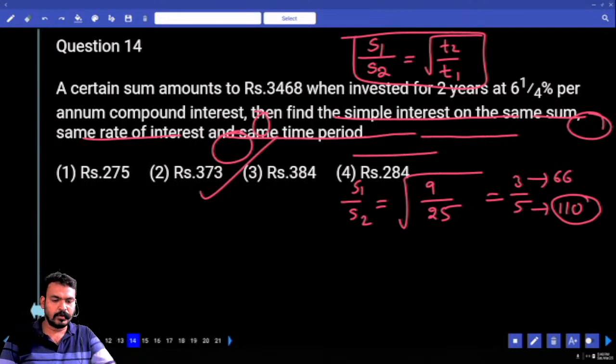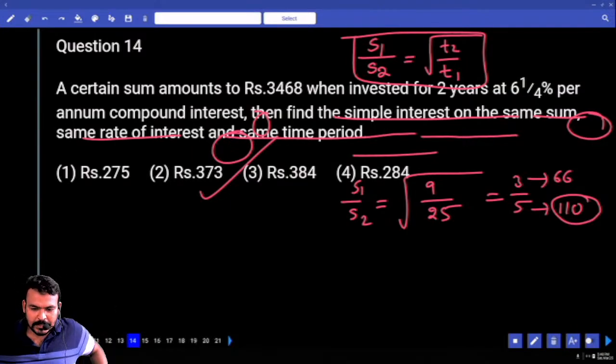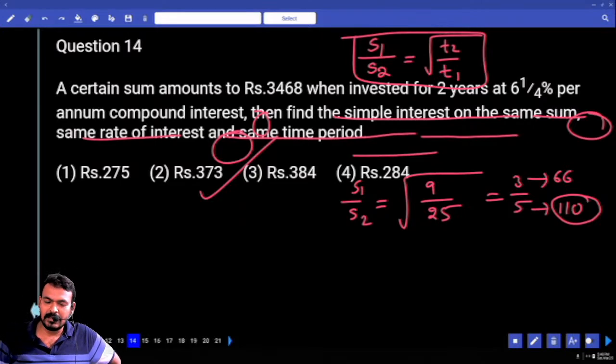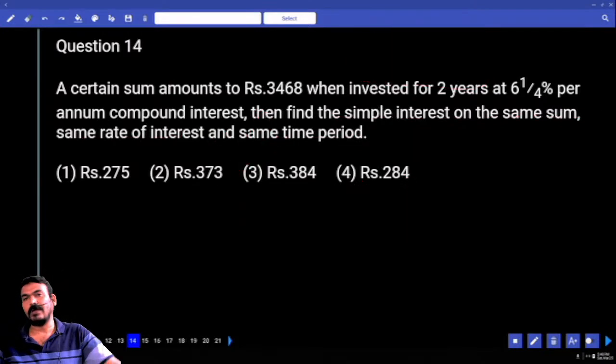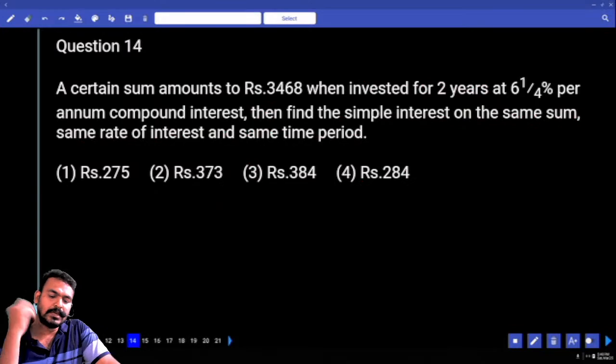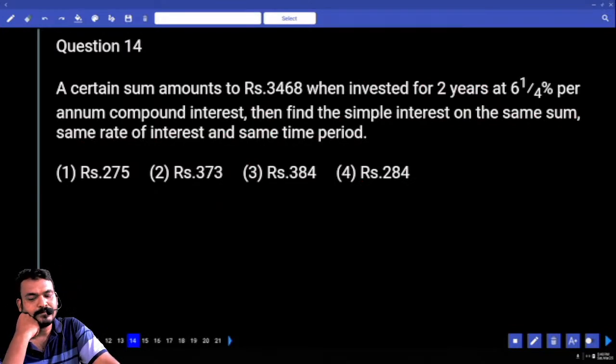Next, question number 14. A certain sum amounts to 3648 when invested for 2 years at 6 1 by 4% per annum compound interest. Then find the simple interest on the same sum, same rate of interest, and the same time period. Same time period. And in both cases the principal is the same.